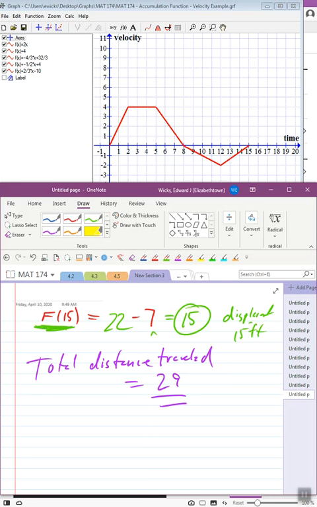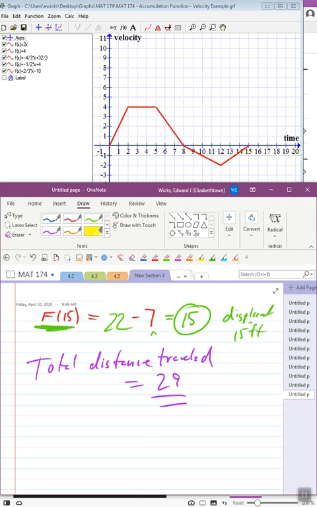Okay, since your velocity is negative everywhere from 8 seconds to 15 seconds, that means the motion is all in one direction on that time interval. The area above that triangle is the displacement over that time. And it's all in one direction, and it's moving in the opposite direction, let's say to the left.